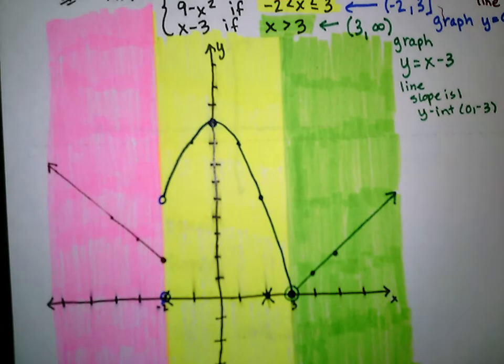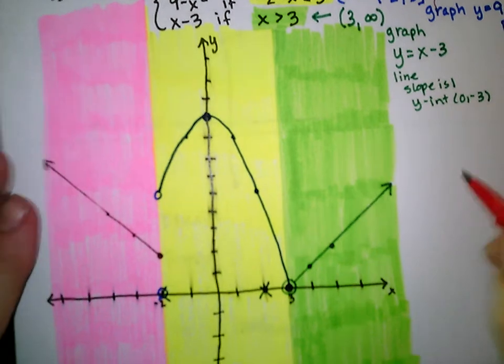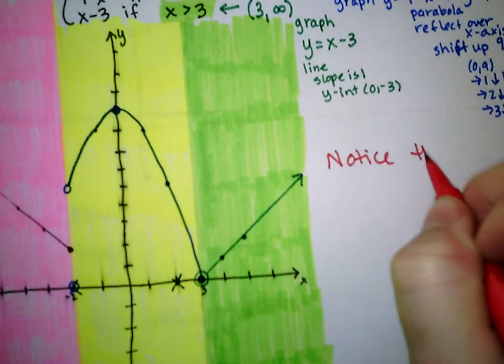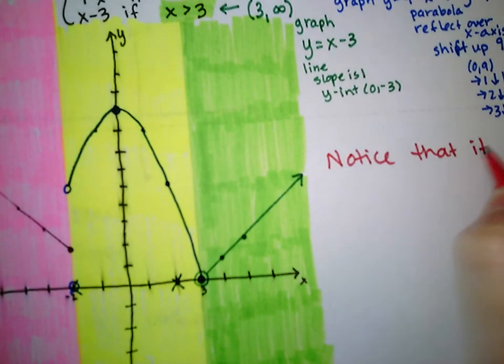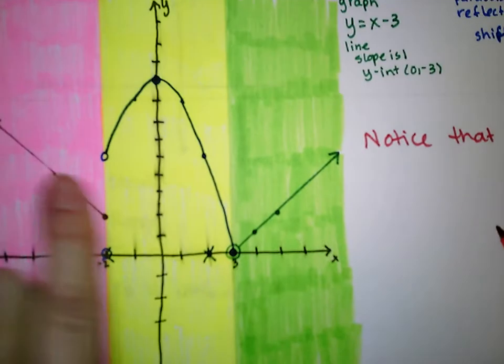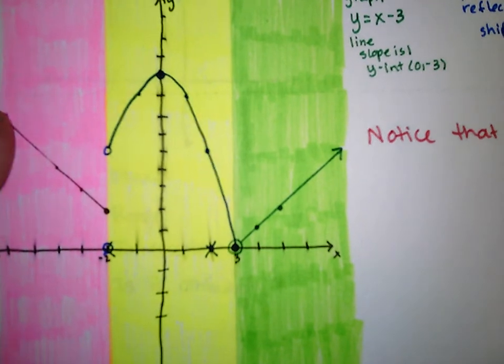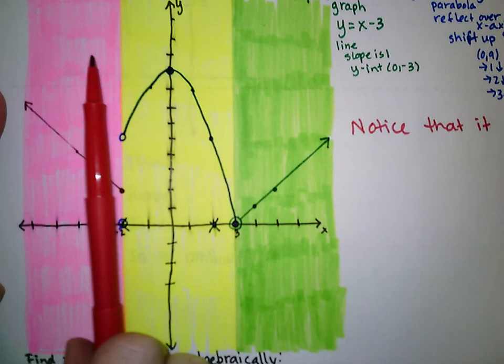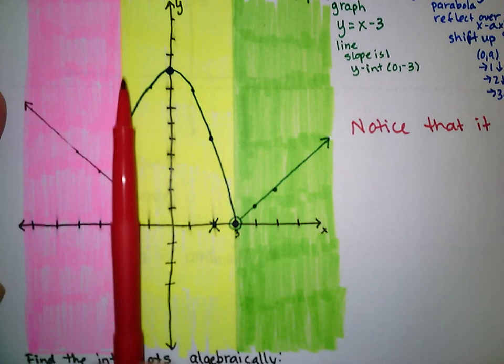There's a couple of things that I really want you to notice and pay attention to. One of those things is that this is still a function. In other words, this graph passes the vertical line test. There's no point on here where if I run a vertical line, it's going to intersect two ordered pairs at the same time.